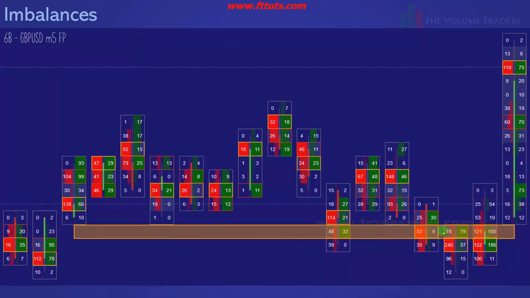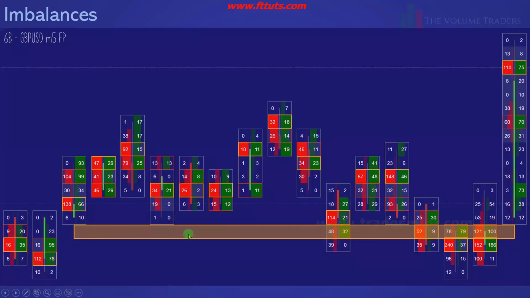How I use imbalances. For me, all the imbalances create potential support and resistance levels, and in this case it is a 6B chart, and my old school way of finding the imbalances, with the zero side and in a horizontal way, so 0 to the 23.